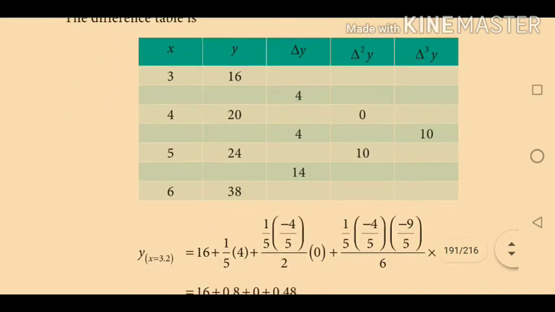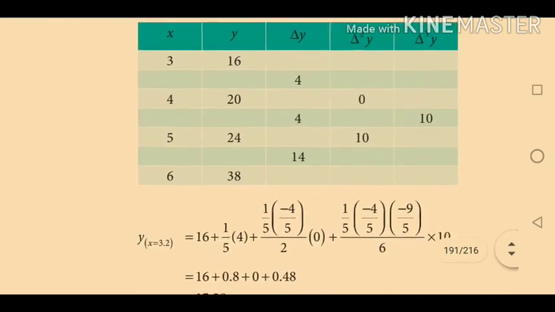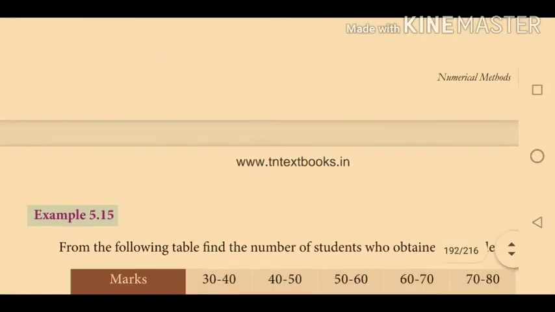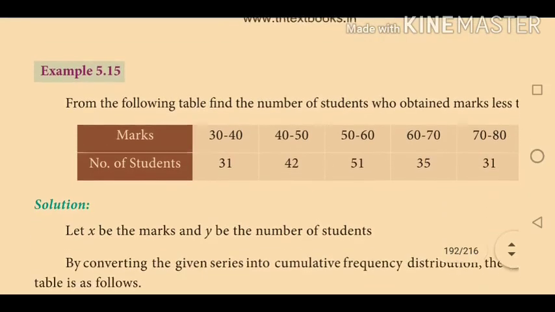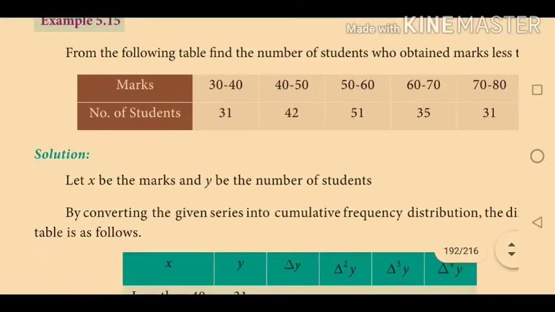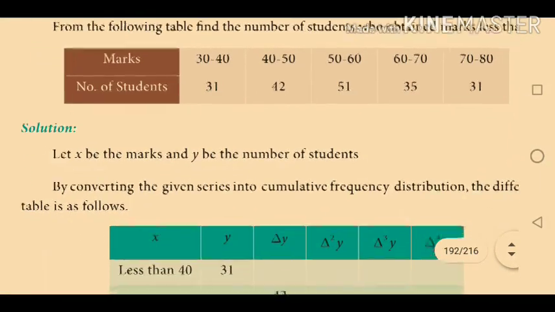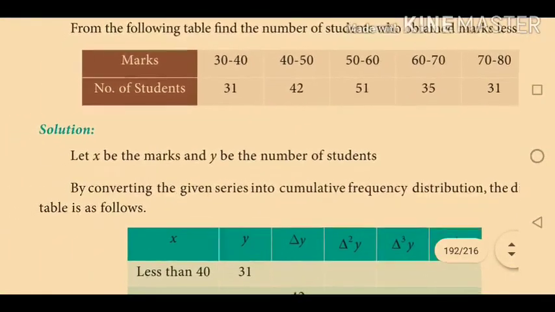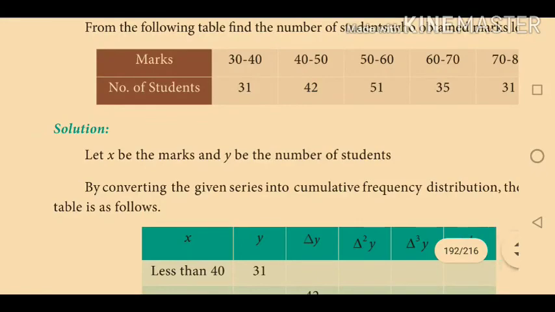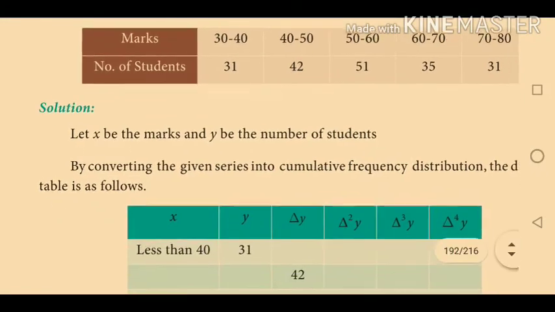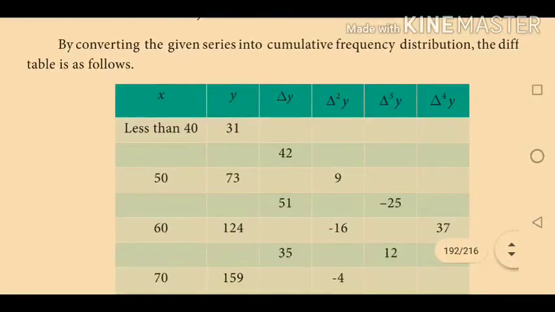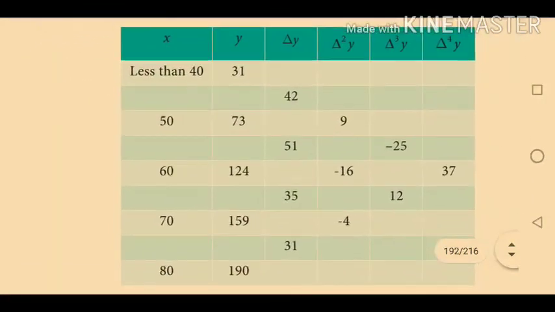Now find delta y, delta square y and delta cube y, then apply the formula, and you get the answer 17.28. Next, from the following table find the number of students who obtain marks less than 45. Less than 45 is at the beginning, so converting the series into a cumulative frequency distribution, the table becomes x, y, delta y, delta square y and delta cube y.